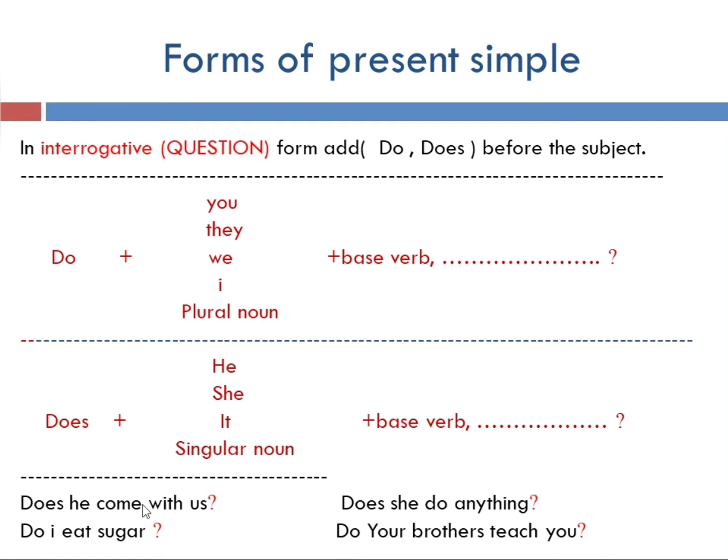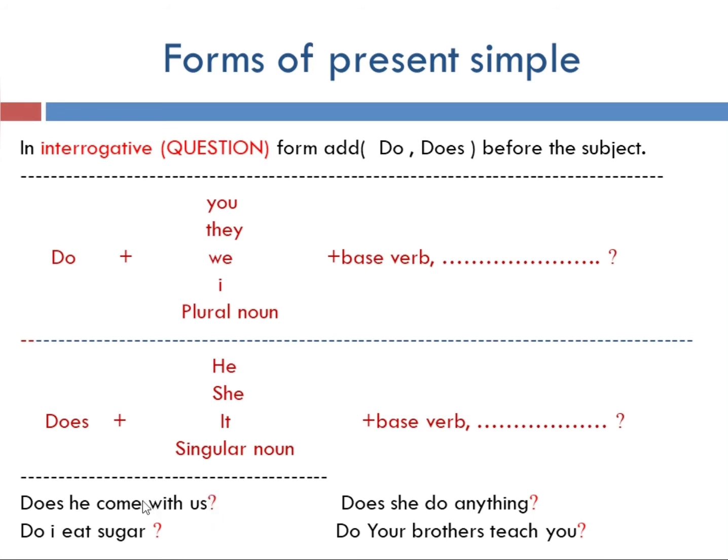You can say, what does he come? So one of the mistakes is, for example, you have he, and then you add the third person singular s to the verb. But you cannot do that. Why? Because it's about the question form, and in the negative form, the same.